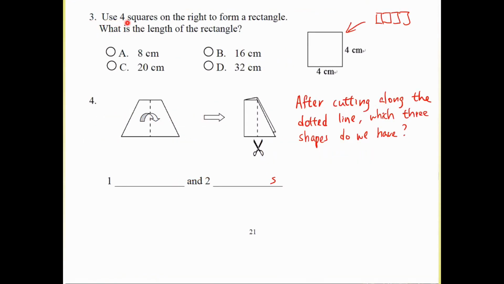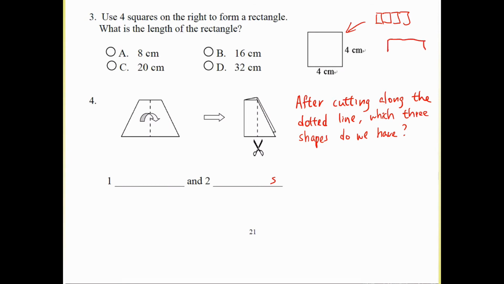Question 3. Use 4 squares on the right to form a rectangle. What is the length of the rectangle? So imagine you have 4 of this type of square. You have to put one next to the others in order to form a rectangle. So you'll end up having something like this. And then you're asked to find the length of the rectangles. So I'll draw it bigger.